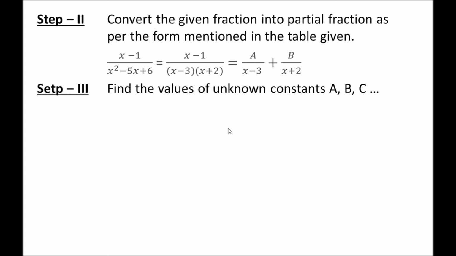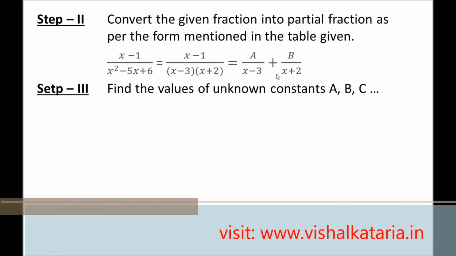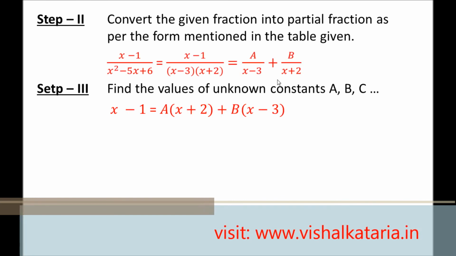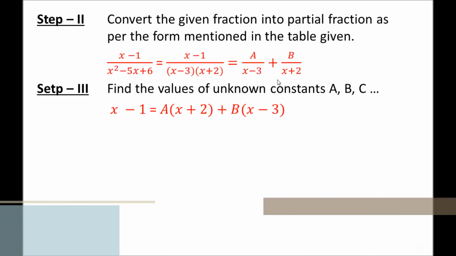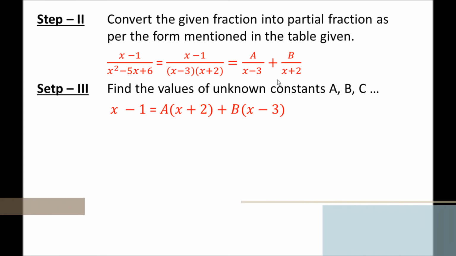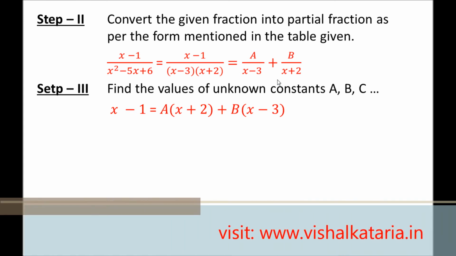Let us take the previous example only, where the denominator was x minus 3 times x minus 2 and the partial fraction is obtained on the right hand side. Now what I am going to do is, I will take the LCM on the RHS. The LCM will be x minus 3 times x minus 2, which can be cancelled on both sides, and I will be left with x minus 1 equals a times x minus 2 plus b times x minus 3.